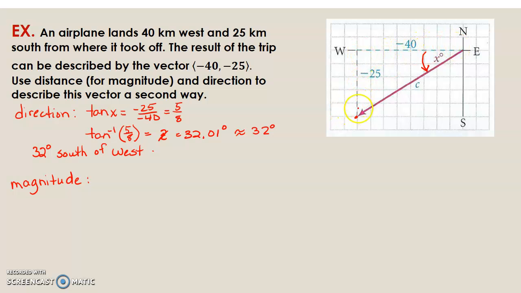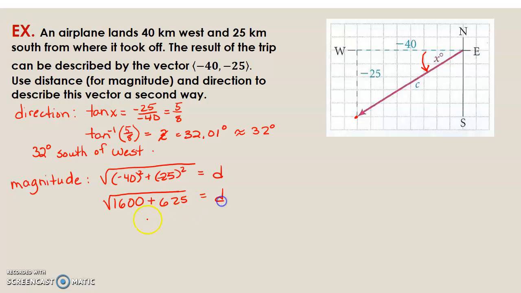You've got the entire distance, so you can go with your Pythagorean theorem straight off. Negative 40 squared plus negative 25 squared. Take the square root and you will get your distance. So this is the square root of 1600 plus 625 equals the distance.